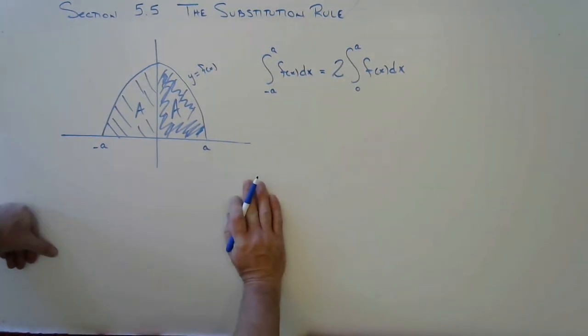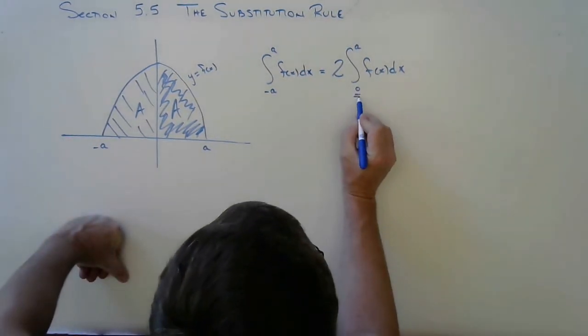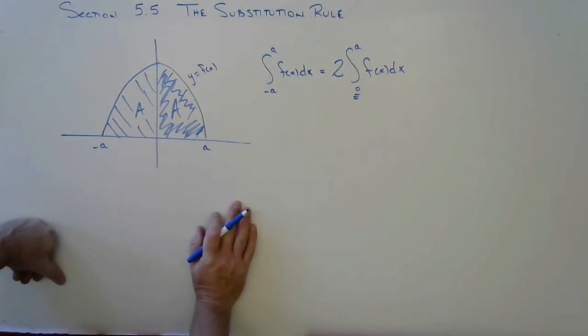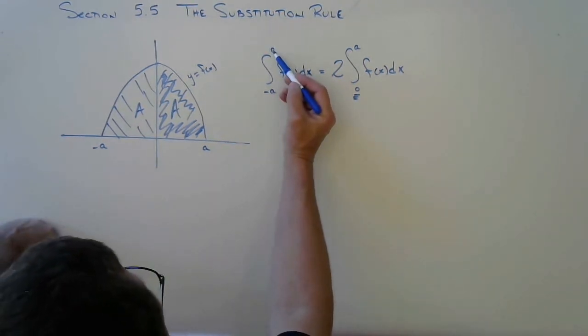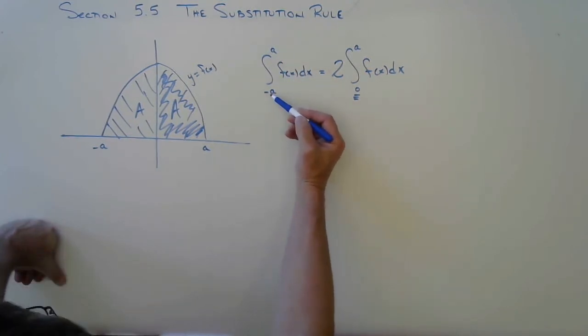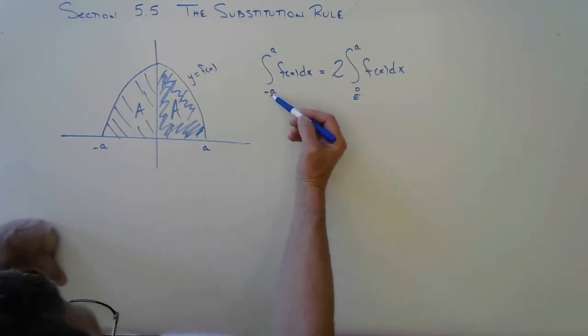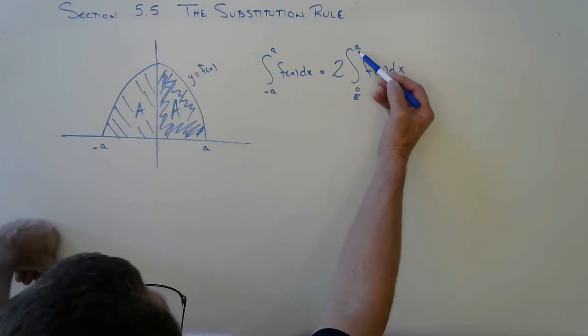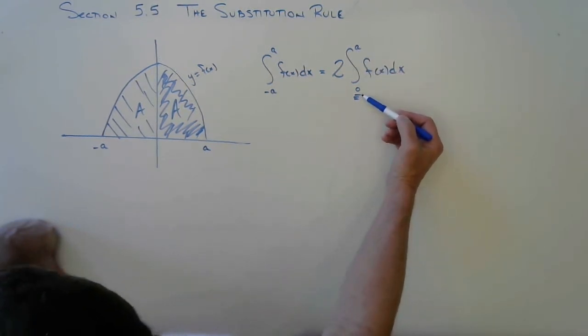Now, why do we do that? Because we get a bound of integration of 0. And it makes our life better. Right? When we do our evaluation theorem, instead of plugging in the antiderivative at a minus the antiderivative at negative a, we get to plug in the antiderivative at a minus the antiderivative at 0.